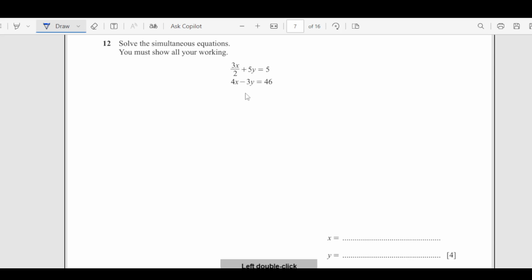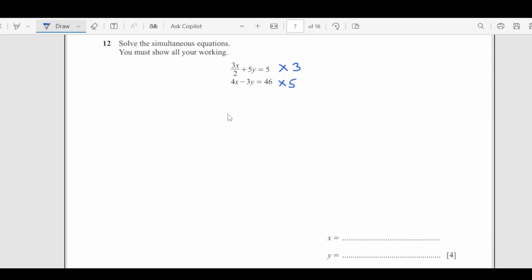Now we have a fraction here, but don't worry, we will just equalize the coefficients of y. If I multiply this whole equation by 3, here we will get 5 times 3, 15. If I multiply the other by 5, we will get 15 here. So let me rewrite the equations.